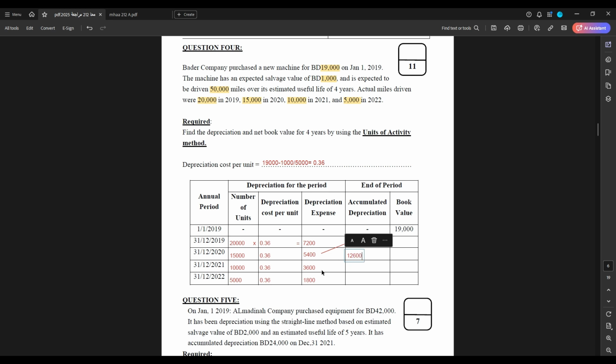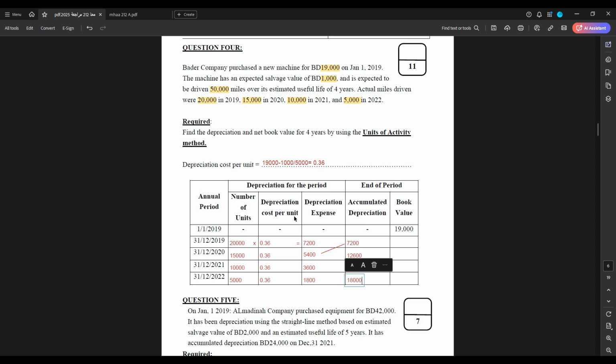Same process also: 3,600 plus 12,600, and we'll have 16,200. 1,800 plus 16,200 will be 18,000.